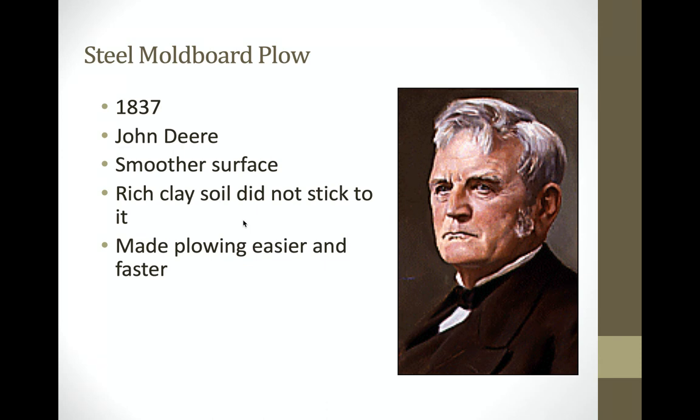So it had a smoother surface, and was able to go through the soil much better and was much lighter weight. So John Deere's actual claim to fame was not necessarily the tractor. I know it is now, but it wasn't all those years ago. His first invention was actually the steel moldboard plow.